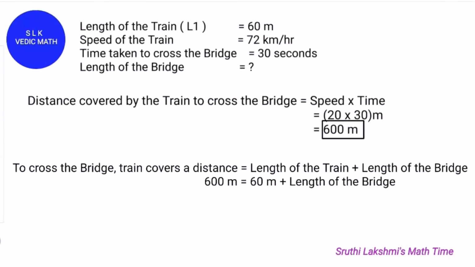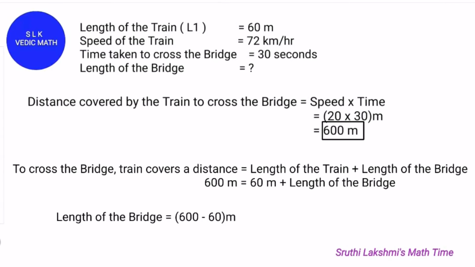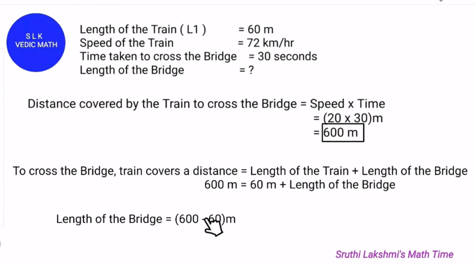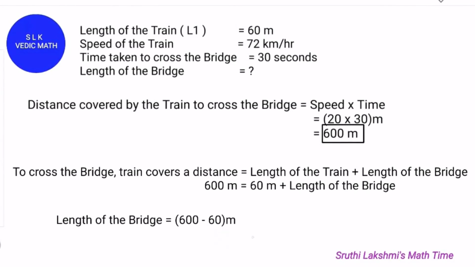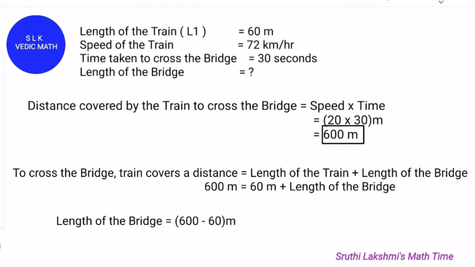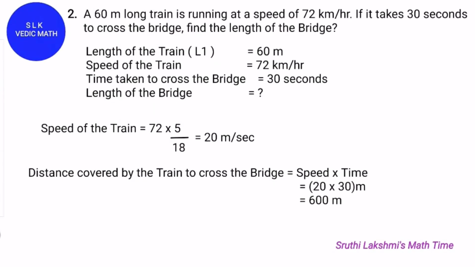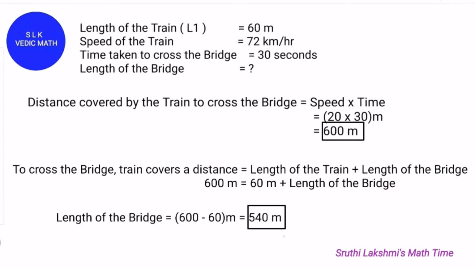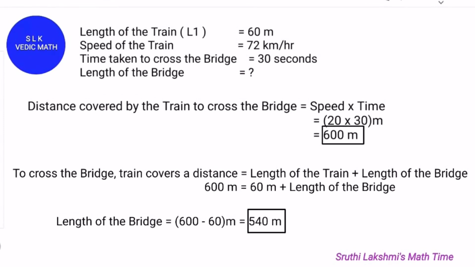Now, the length of the bridge is equal to 600 meters minus 60 meters, which is 540 meters. So, the length of the bridge is 540 meters.